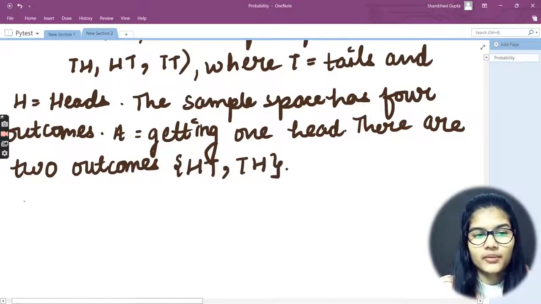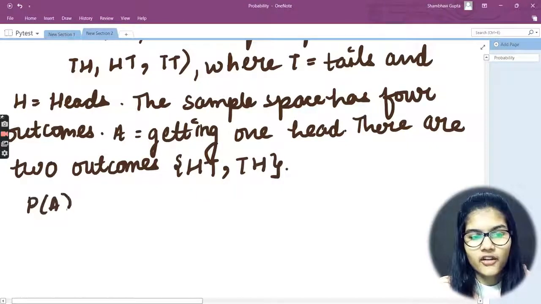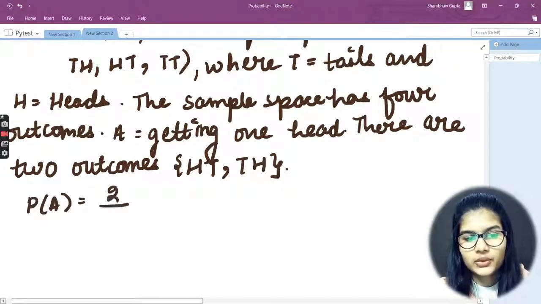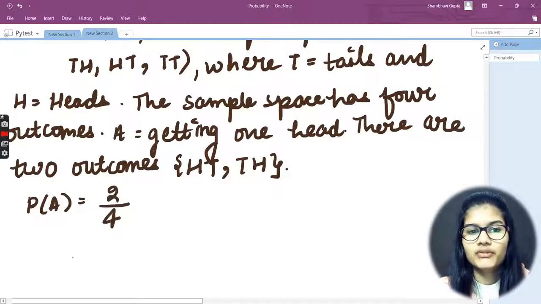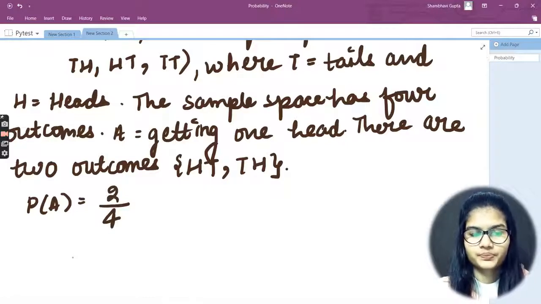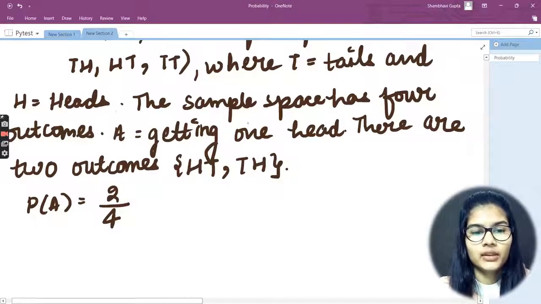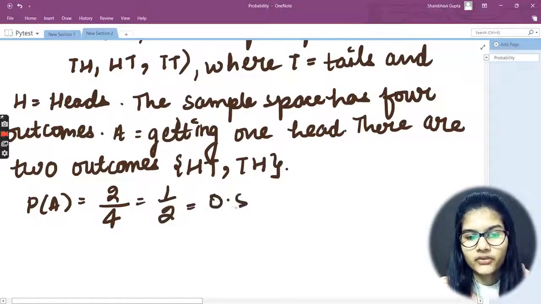So the probability of A is equal to 2 by 4, because in total we had four outcomes and from those four, two outcomes have one head: head tail and tail head. So 2 by 4 is equal to 1 by 2, and that's equal to 0.5.